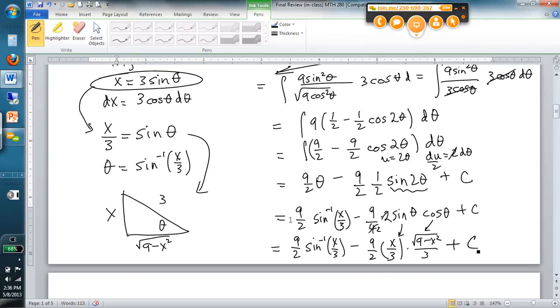And the nice thing about it, the 9 cancels with the 3's too. So it's just 1/2 x over 2 times the square root of 9 minus x squared there. But anyway, nothing to it, right? Probably have one of those trig substitution problems on the final.